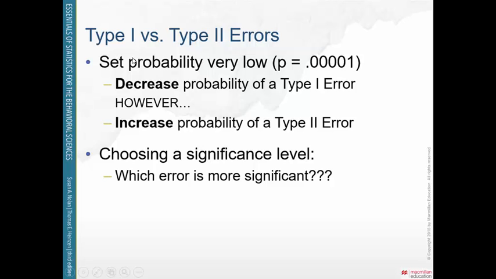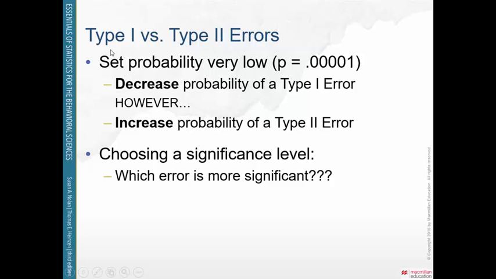We say the alpha level is 0.05, which means there's a 5% chance for making a type 1 error. The lower your chance of making a type 1 error, the higher your chance of making a type 2 error. The lower your chance of making a type 2 error, the higher your chance of making a type 1 error. That is this inverse relationship.